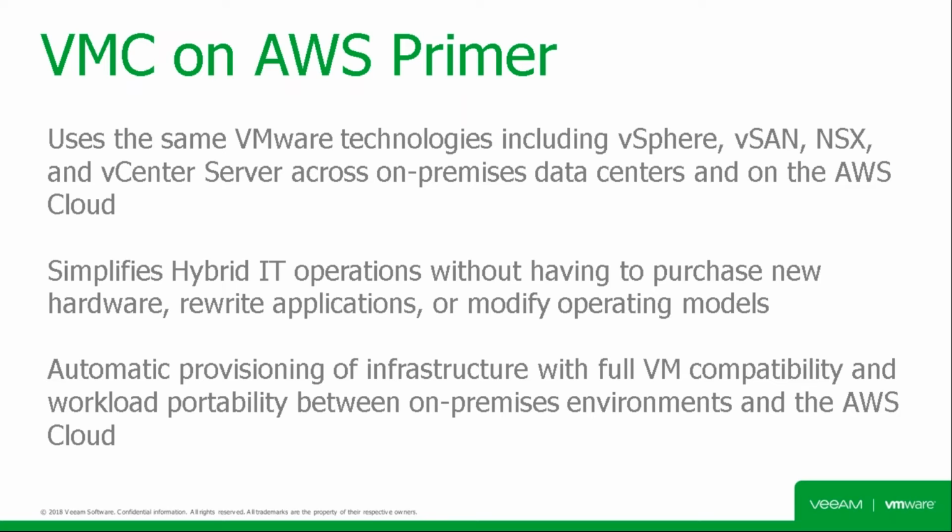And again, it's automatic provisioning of infrastructure with full VM compatibility and workload portability between on-prem and the cloud. The other thing I wanted to point out was that VMware very professionally does all your upgrades for you in the VMware Cloud environment. So it's not exactly hands-off. You still do all the day-to-day operations. However, the bigger tasks in the background are handled by VMware. Let's go to the next slide.